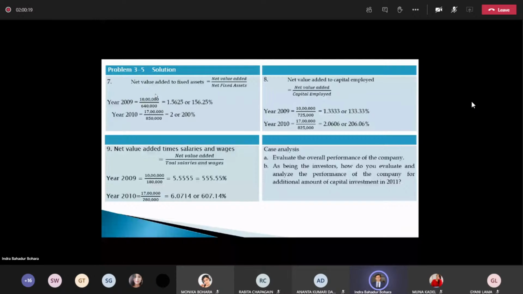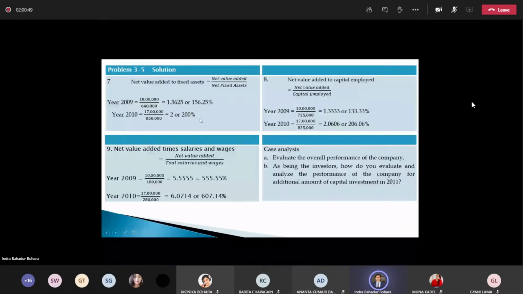If you look at each individually, net value added to capital employed, out of total capital employed, value added is increased here, 133 to 206%. So the company has better performance. Similarly, net value added to fixed asset, with respect to fixed asset, the company has a better value added position, that is 156% to 200%, so 44% is increased.